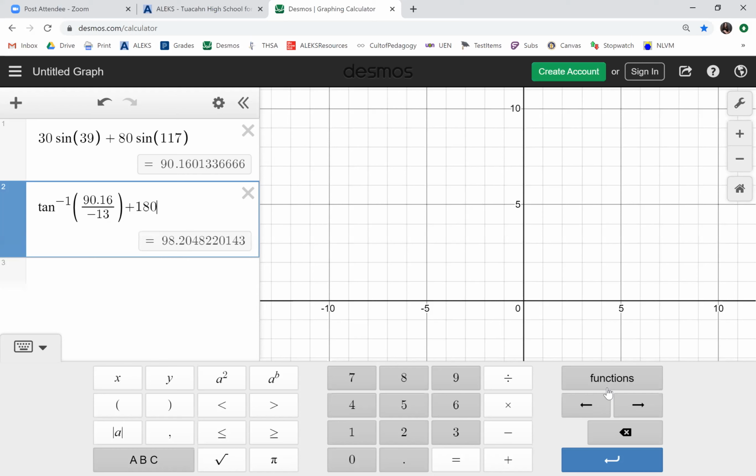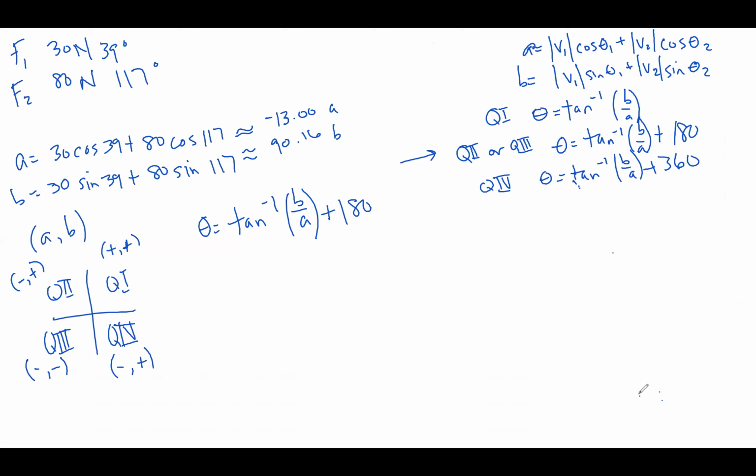So our angle should be 98. We round to the nearest whole number, so theta is 98 degrees.